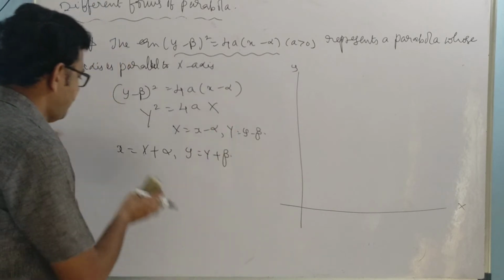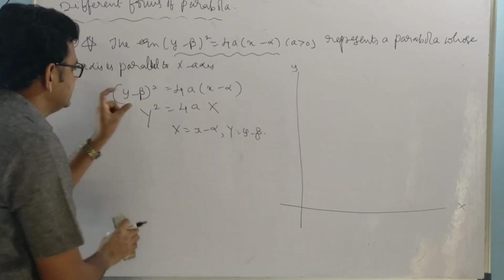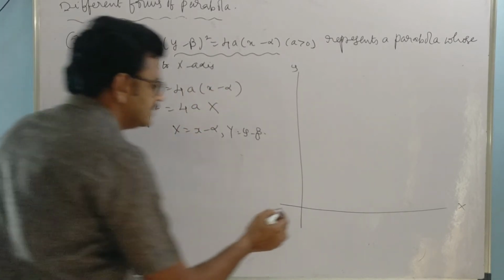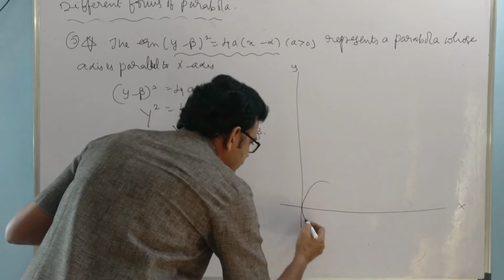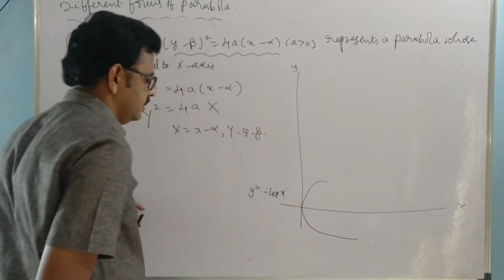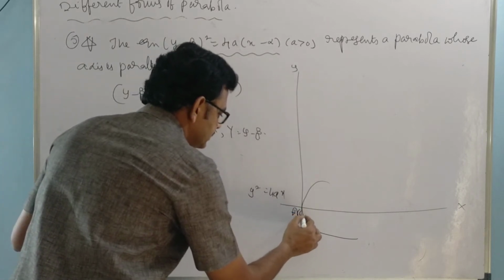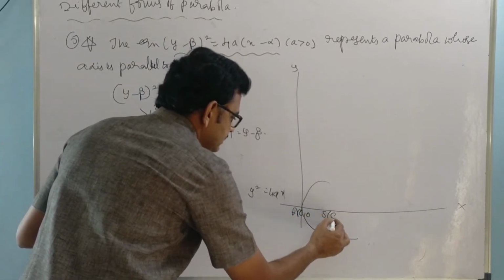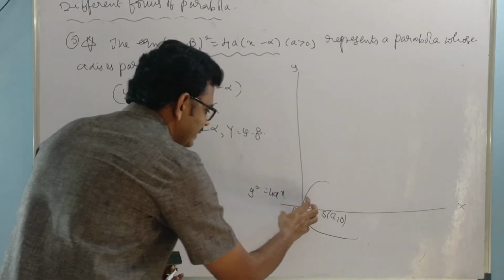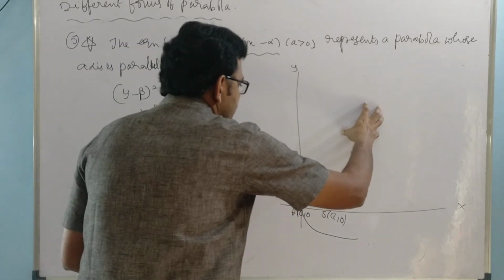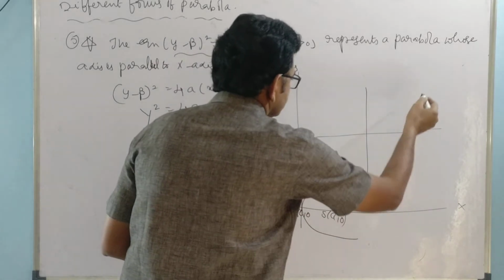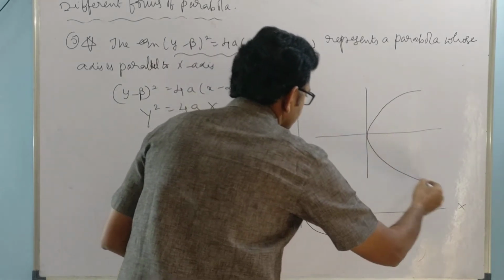So without that transformation, I will just explain. This is of the form y square is equal to 4ax, this is the parabola. What is the vertex of the parabola? 0, 0. The focus is a, 0. Now for this parabola, I can put it here.